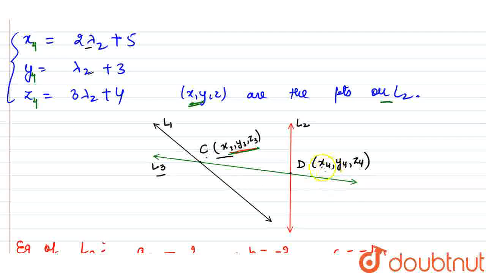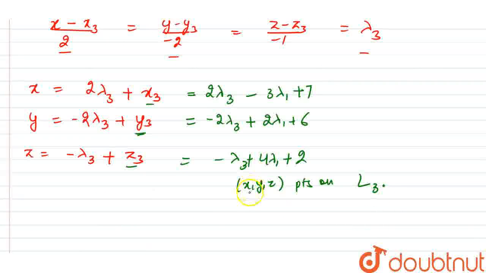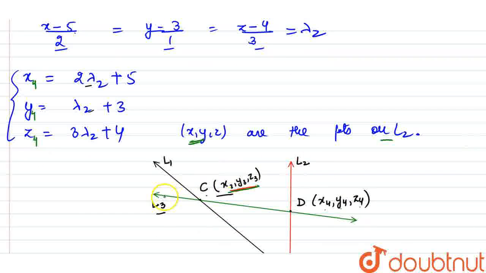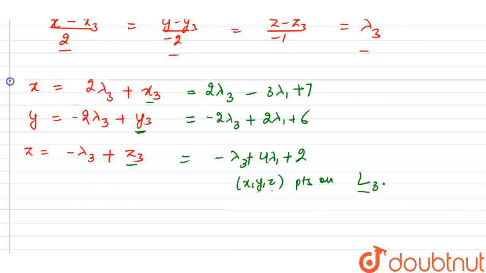Now we have got x4, y4, z4, and we know these points x, y, z were the points on the line L3. These were the points that we have obtained for the line L3. So x4, y4, z4 will also satisfy the equation of the points on the L3 line.